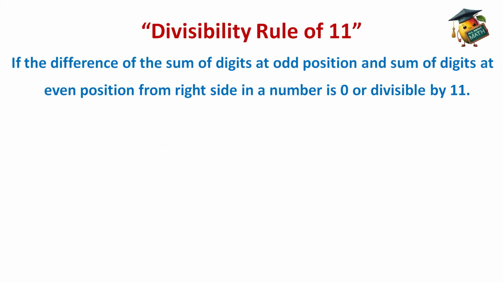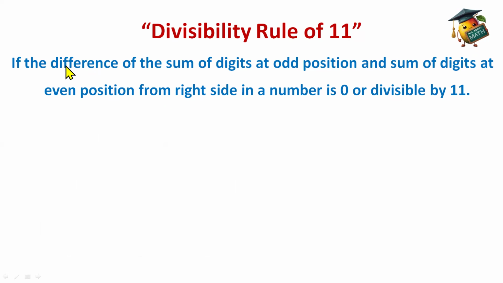Now the divisibility rule of 11. What you need to do is, if the difference of the sum of digits at odd places and the sum of digits at even places, from the right side in a number, is 0 or divisible by 11, then the number is divisible by 11.